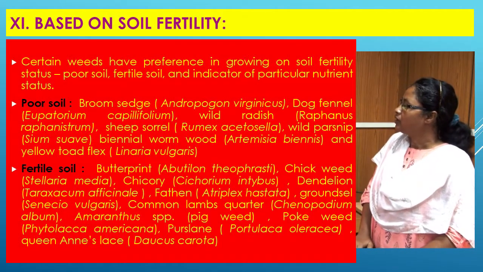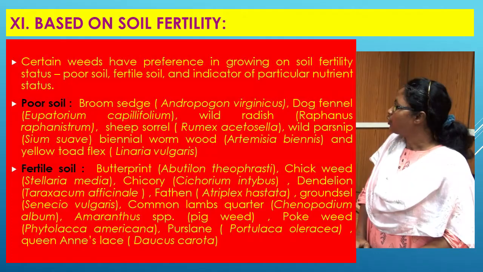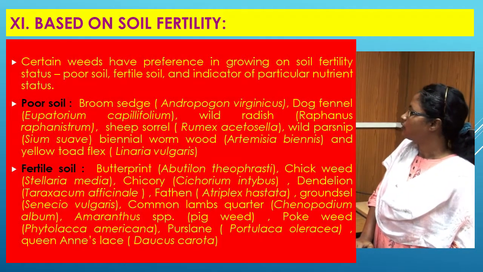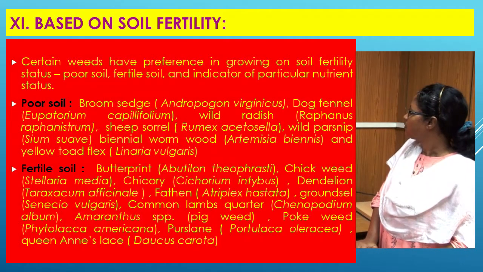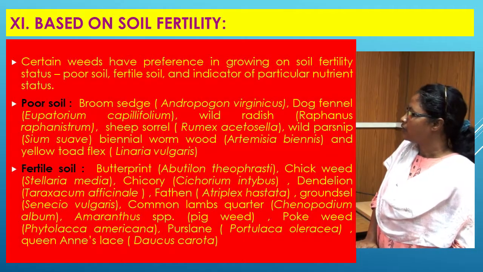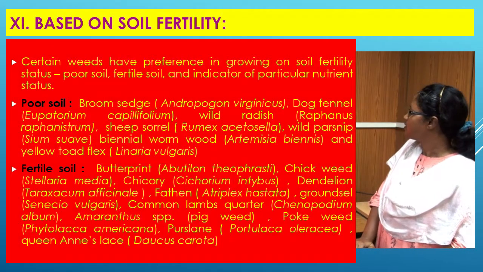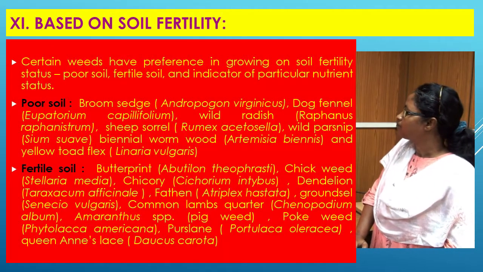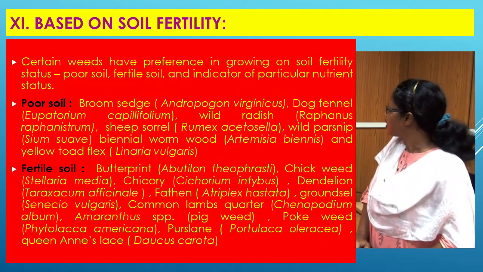Poor soil examples are Andropogon species, Raphanus species, Rumex species and Artemisia species.